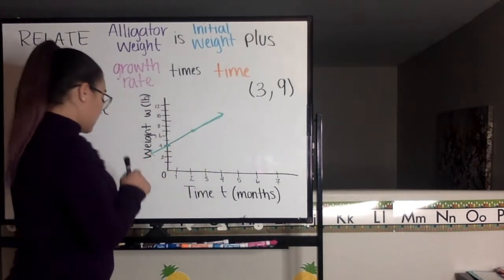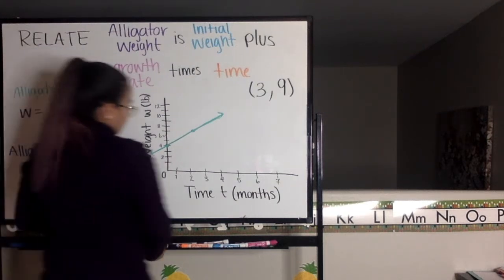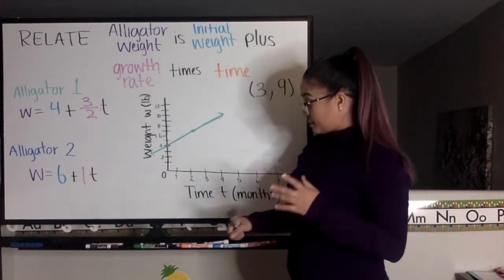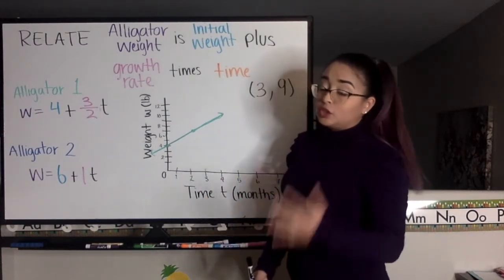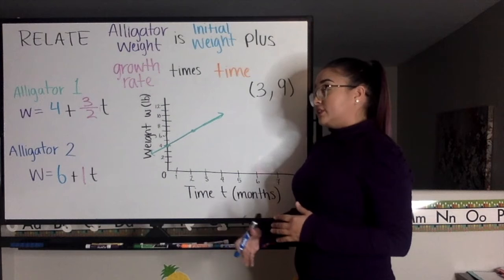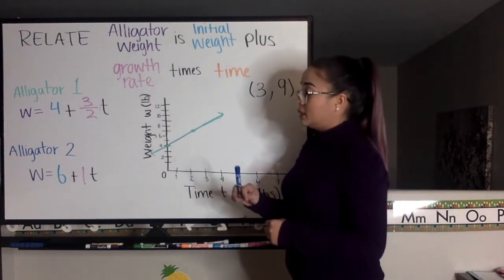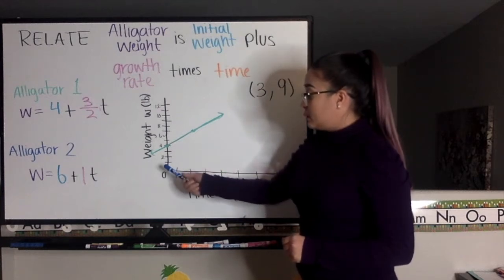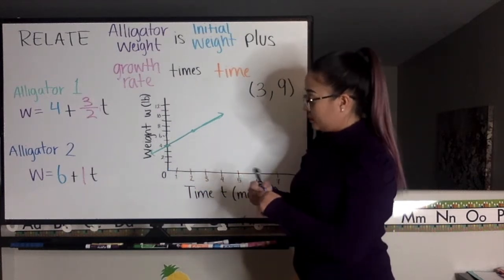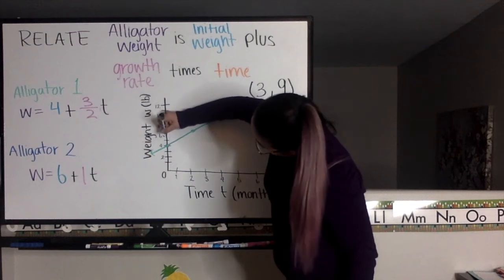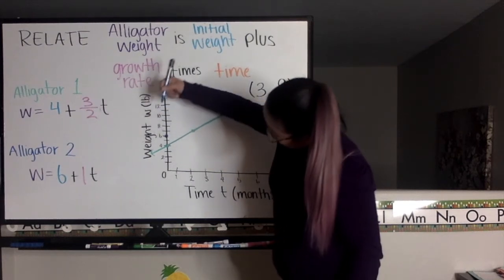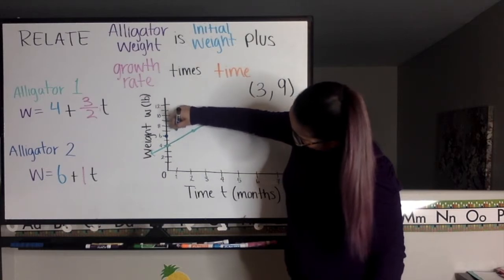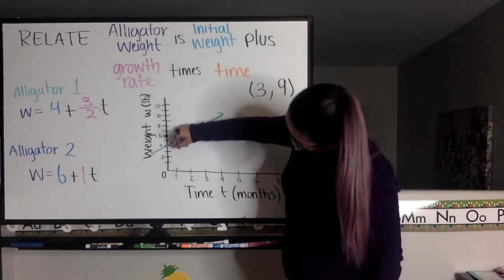Okay. Now, let's go ahead and graph our alligator 2 line. So, again, same thing. Our y-intercept is 6, and our slope is going to be 1. So, let's go ahead and graph it. We're going to go up 6. So, right here, we're going to go up 6. Then we're going to go up 1 and over 1. So, right here.